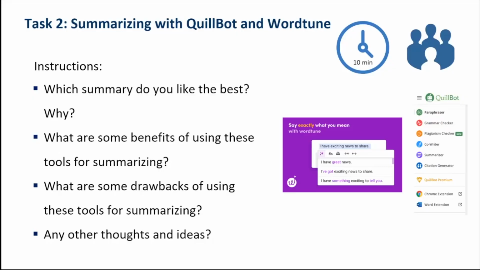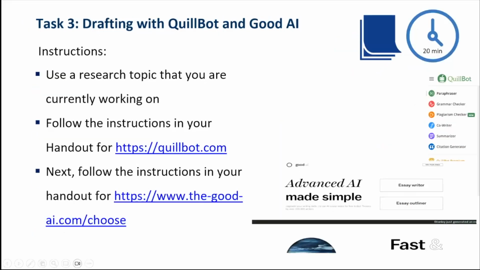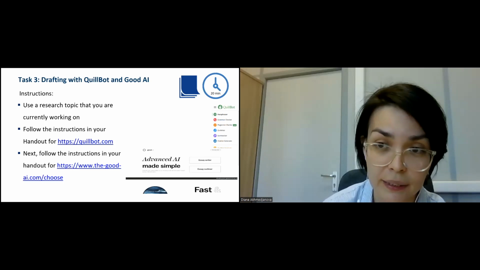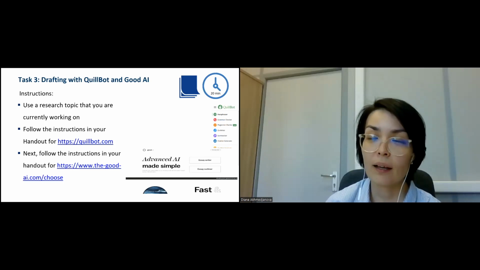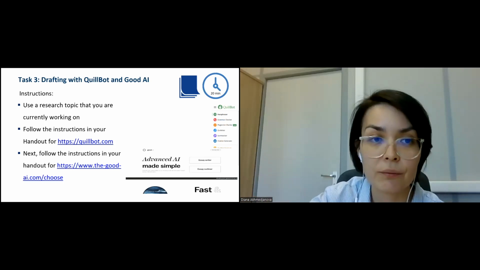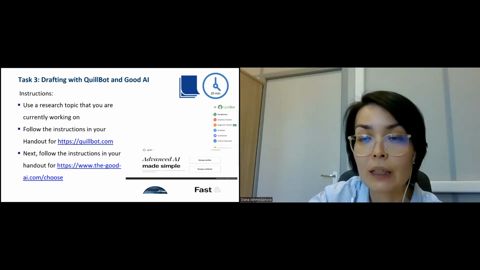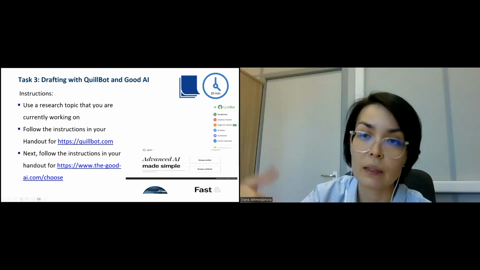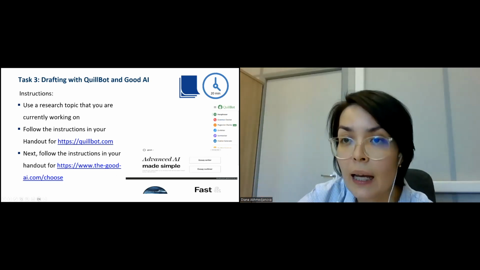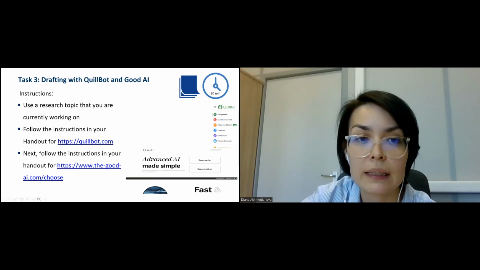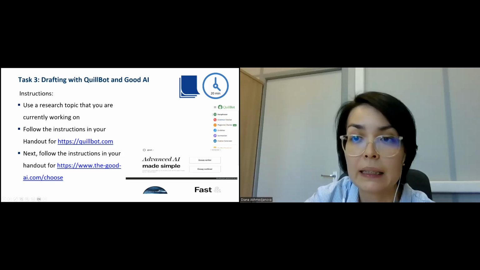Right now, let's move on to our third task, which is basically to use QuillBot and Good AI for drafting, or co-writing, let's say, about your research. Okay, so use a research topic that you're currently working on, and first follow the instructions in your handout for QuillBot, and then move on to Good AI. We have about 20 minutes here, just because we thought that this task, text generation, might take some time.